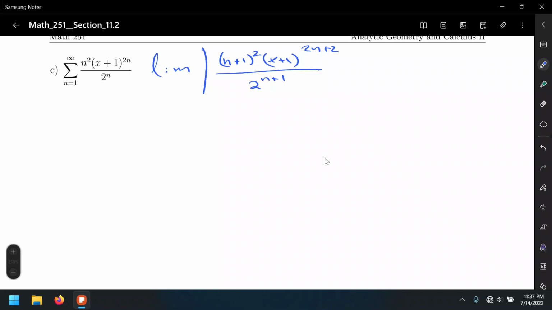So I think we should do the root test instead, and this is a good example, so you can see that you could use a different test, not just the ratio test. The root test could be a lot shorter in certain circumstances like this one.